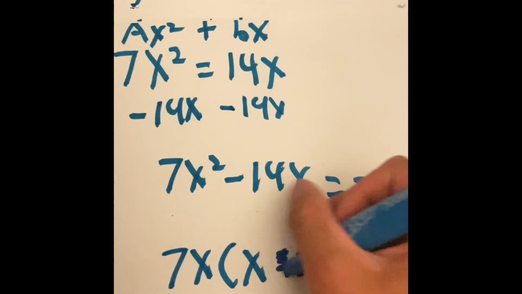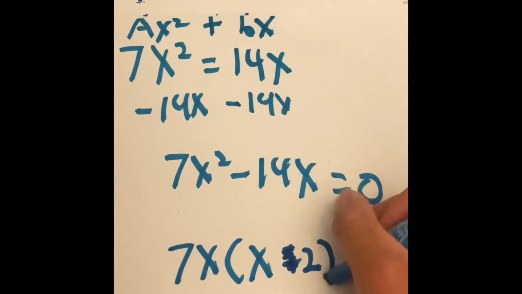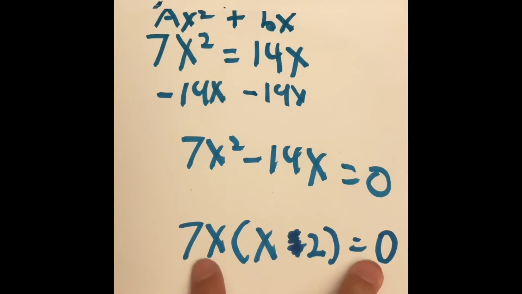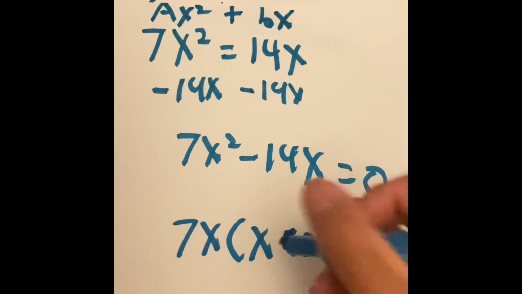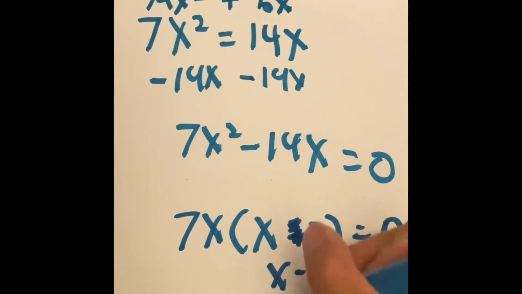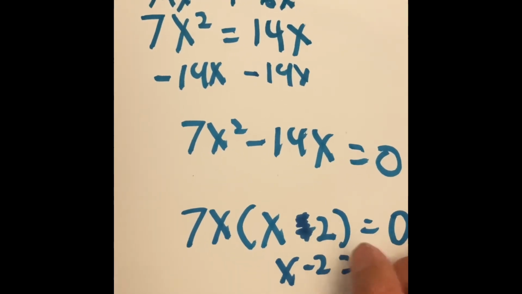Wait, we have to use negative 2, equals 0. When we do that, we get two numbers that give us x. x minus 2 equals 0, and 7x equals 0.